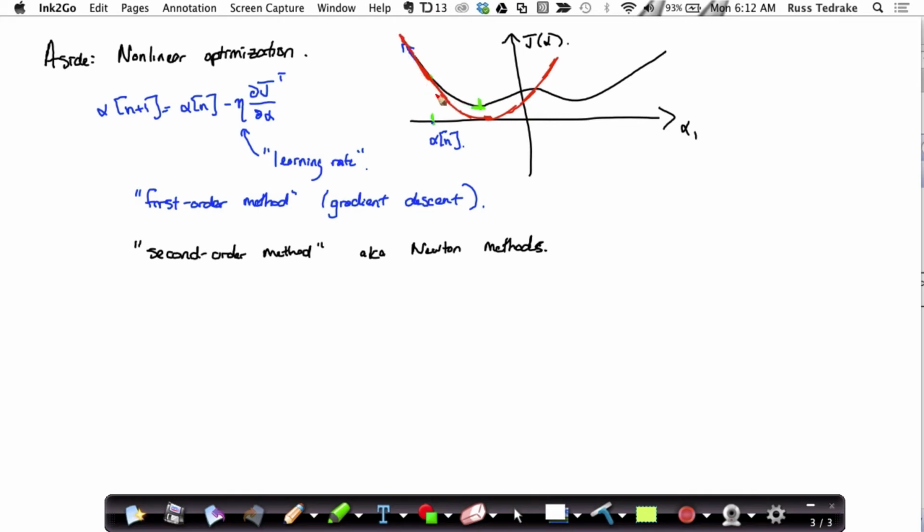But I'm going to make a locally quadratic approximation of my objective function, and then instead of going slowly down the gradient here, I'm going to jump in a single step straight to the optima of my local quadratic approximation, since I know how to find the minimum of a quadratic function. That'll give me a new value here. I'll make a new quadratic approximation, which should be a more accurate approximation of the function close to the optimum, and I'll jump to the optimum. And these second order quadratic methods can converge much faster.